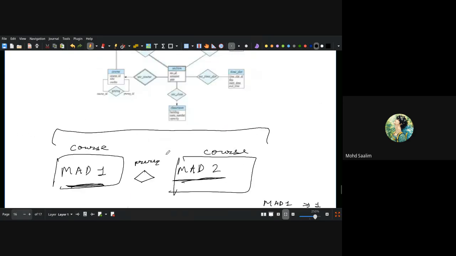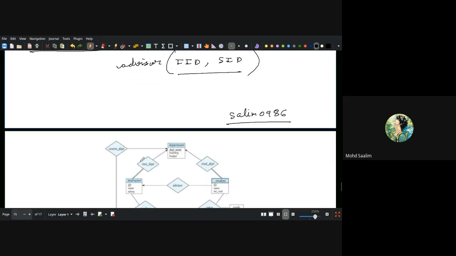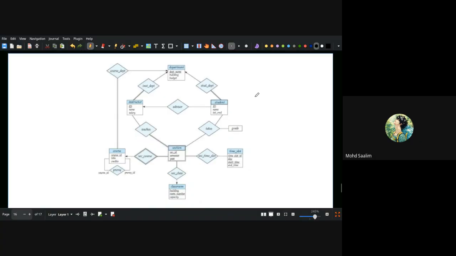So when you combine this knowledge and design your whole database, it will look something like this. This is the ER diagram of the university database.